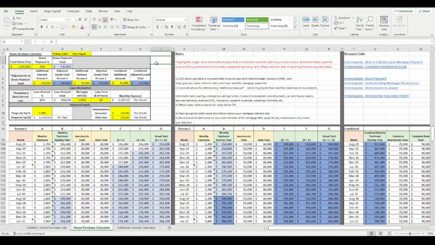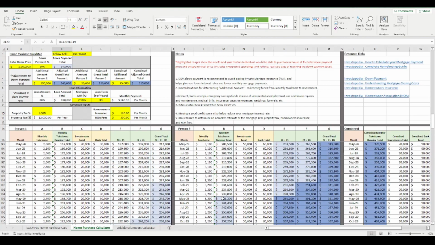To summarize how to use the spreadsheet, input the total home price, the down payment percent, the loan information, and advanced inputs first. Next, determine the earliest date that each person, and also when both people, will reach the down payment amount.